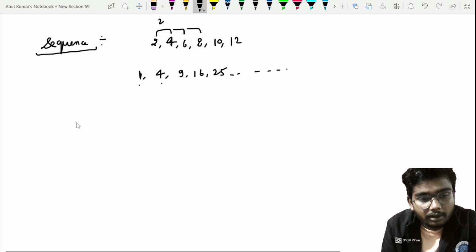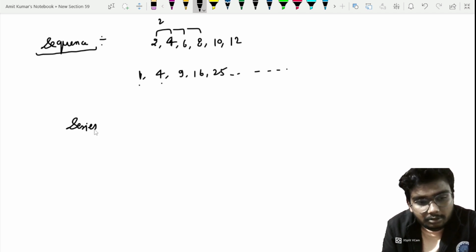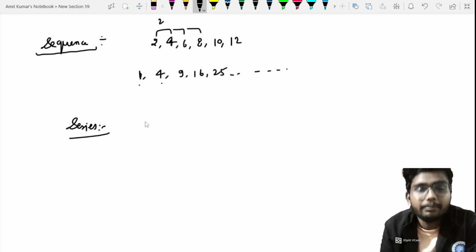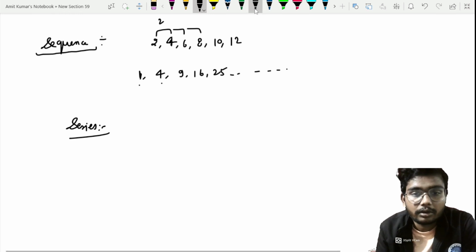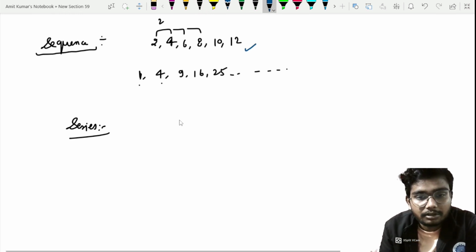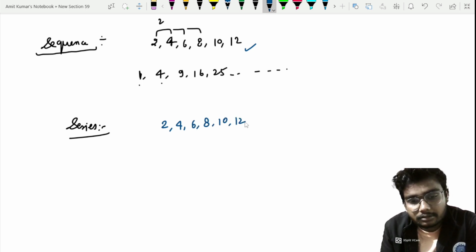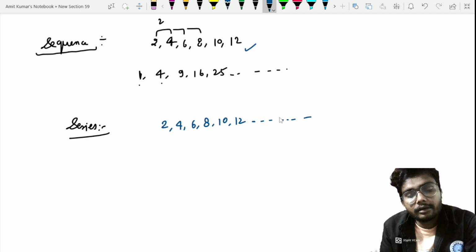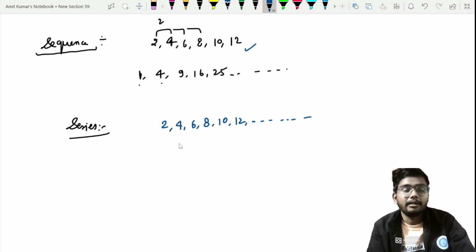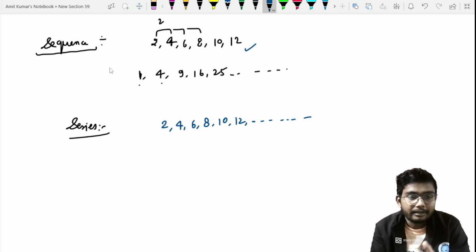The next one is series. What is the meaning of series? Whenever we have been given a sequence, let's suppose this one, 2, 4, 6, 8, 10, 12, this is the sequence.